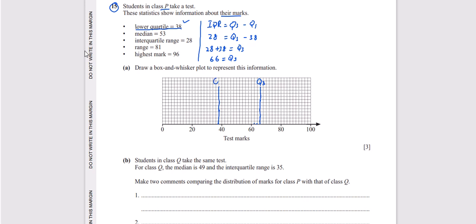This one is Q1. And now median is 53. The median is 53, 42, 44, 46, 48, 50, 52. Here is 51. So median is here.